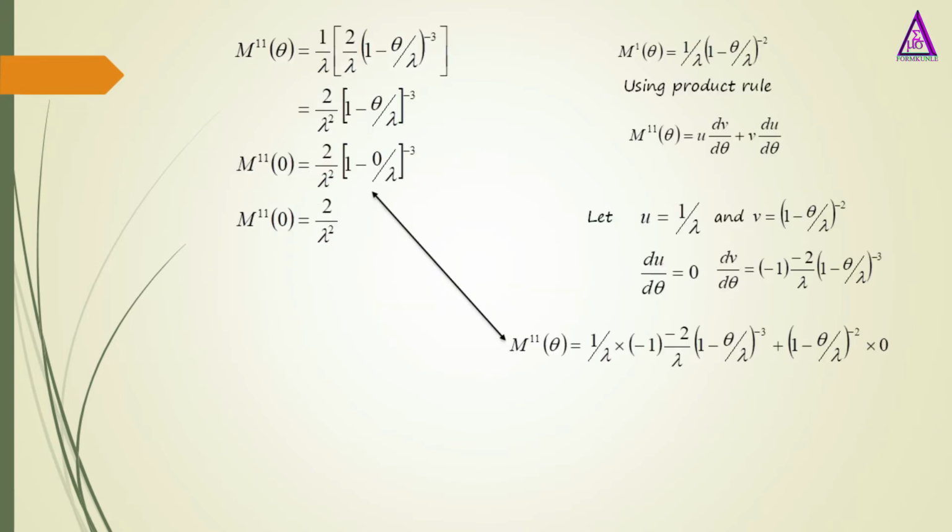So we want to obtain our variance of the exponential distribution using the moment generating function, based on the previous explanation, by using the product rule.